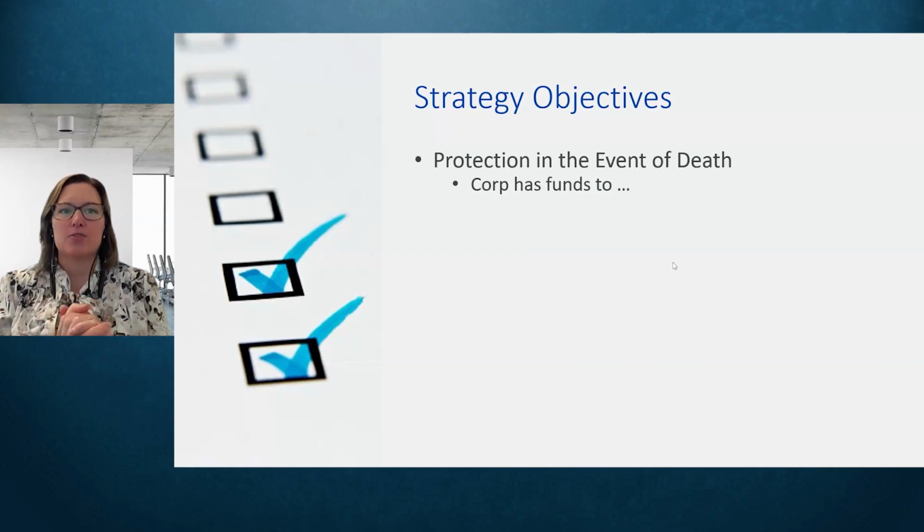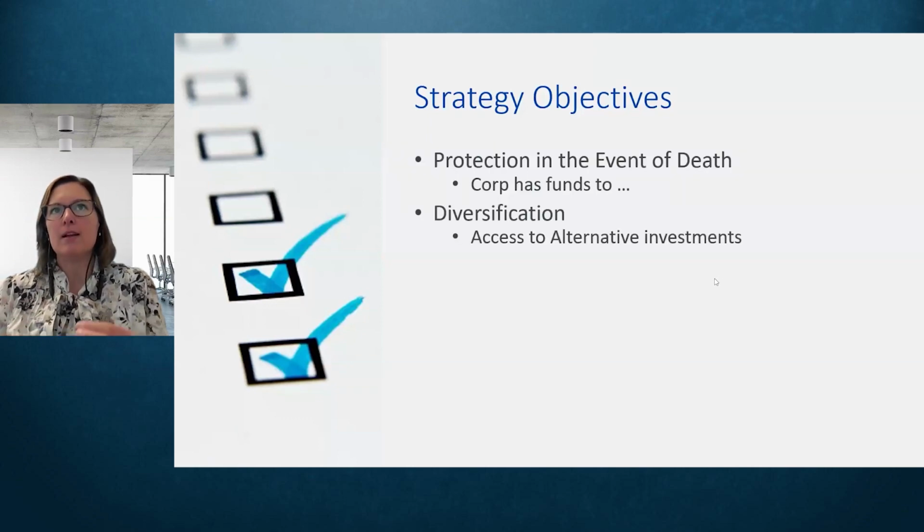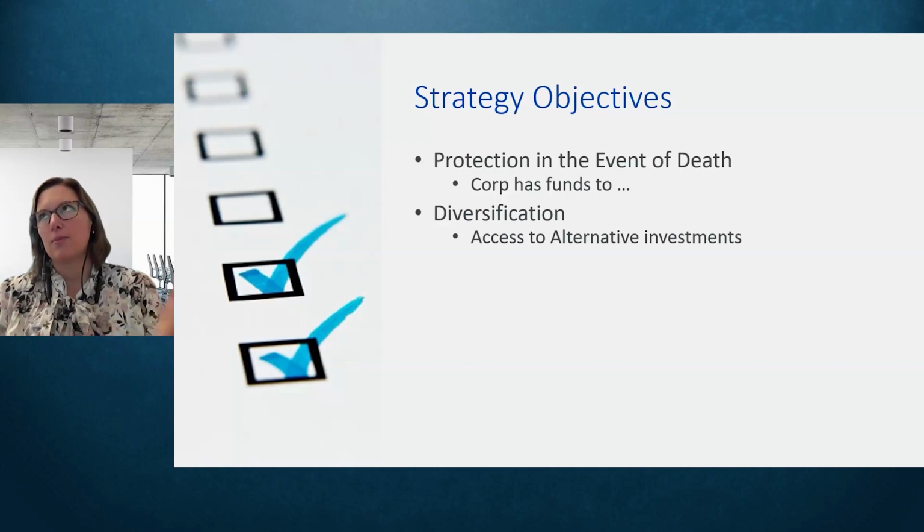A couple of objectives of the strategy. So the main goal is, number one, protection in the event of death. We're putting together corporate life insurance. The corporation has the funds to do whatever it is they're doing for estate planning or succession planning based on the life insurance we're putting in place. We're able to also add some diversification to the overall client portfolio.